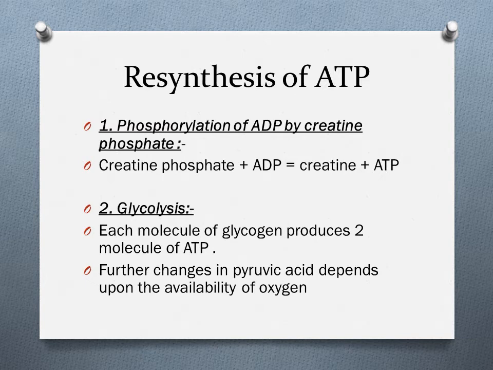Now I will show you a figure of how glycogen is broken down and forms ATP by the aerobic and anaerobic processes. Each molecule of glycogen produces 2 molecules of ATP. Further changes in pyruvic acid depend upon the availability of oxygen.